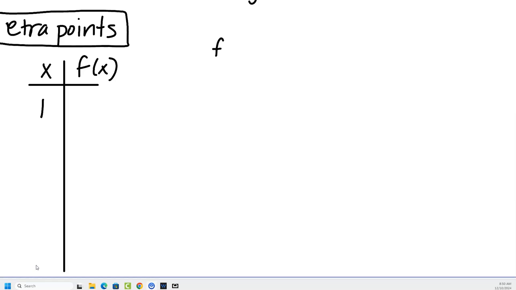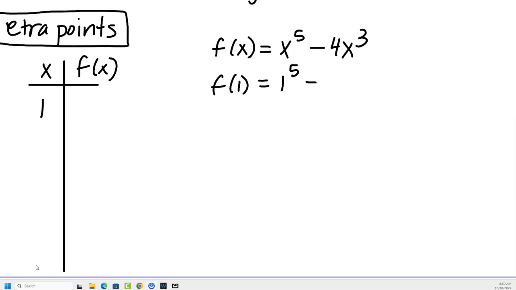If f of x is equal to x to the fifth minus 4x to the third, then f of 1 is going to be 1 to the fifth minus 4 times 1 to the third. That's going to be 1 minus 4, or negative 3. Do you all agree with that?